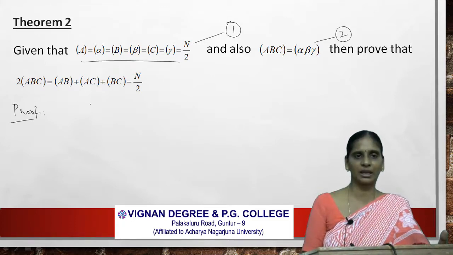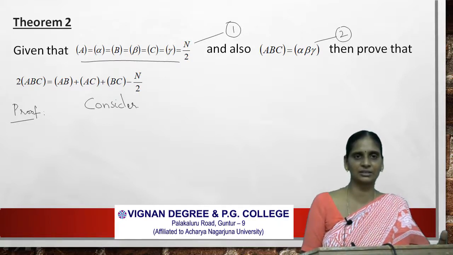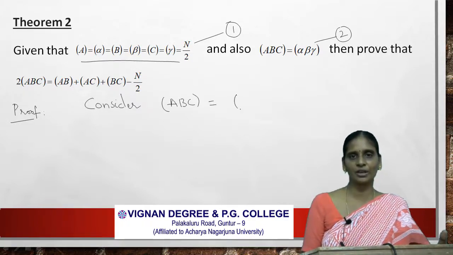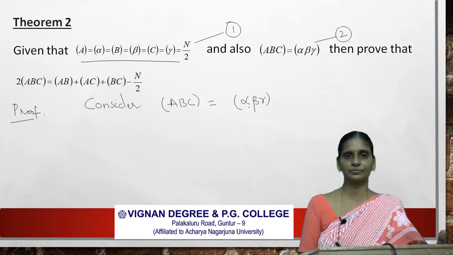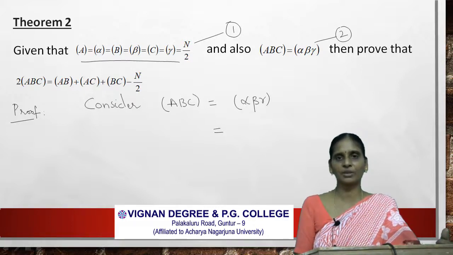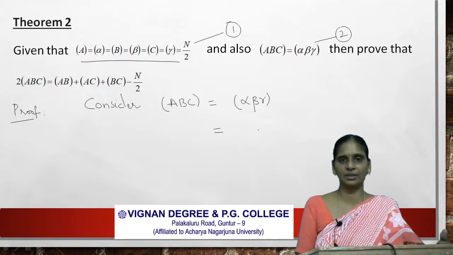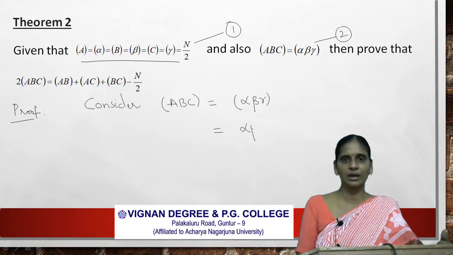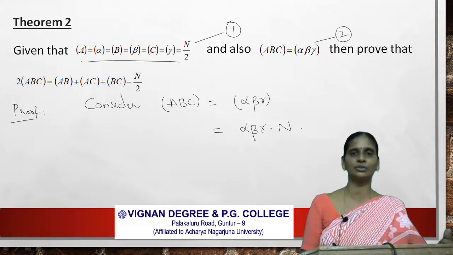Consider the second condition, that is frequency of ABC is equal to frequency of alpha beta gamma. And this is equal to, frequency of alpha beta gamma can be written as alpha beta gamma into n.